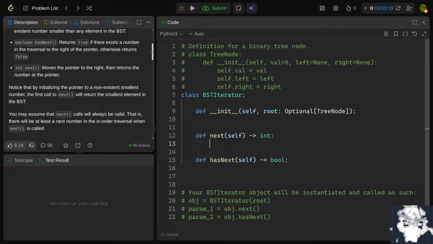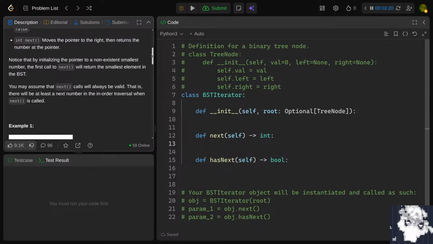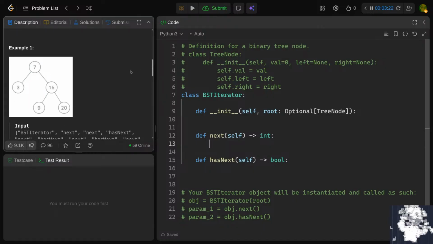So whenever we do next, we kind of want to manually do a tree traversal. At any given moment, we want to remember what node we were on. We have to remember the path that we took to get here, so that we can go back up, because the tree doesn't have pointers back up.